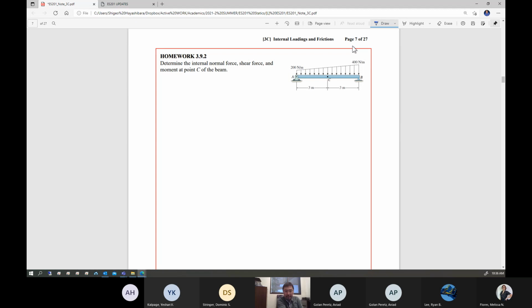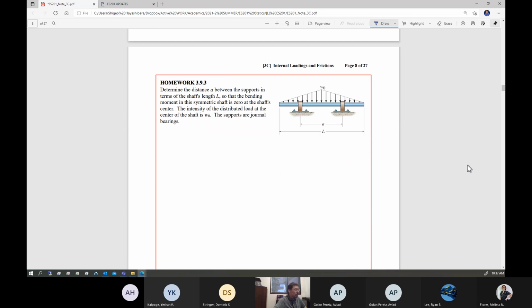You need a structure strong enough to support that critical moment and critical internal shear. That's the design point, which is going to come up in solid mechanics. But this is your startup process in statics to find internal loading.